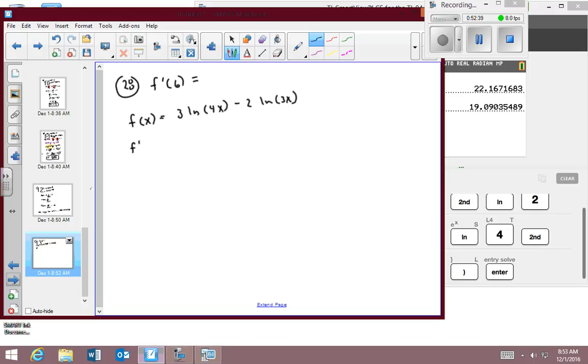Okay, so the first derivative is 3 times 1 over the argument times the derivative of the argument, minus 2 times 1 over the argument times the derivative of the argument. Over 4x.